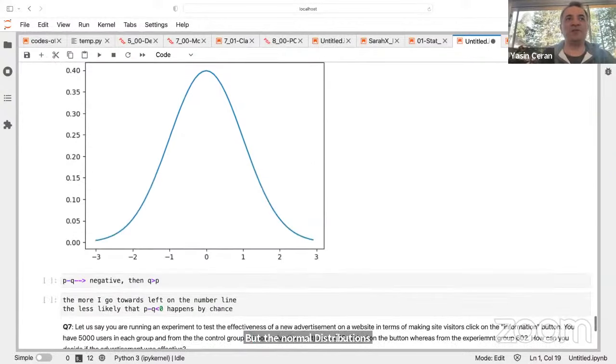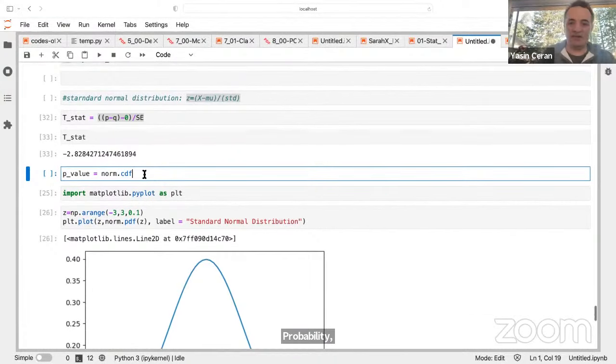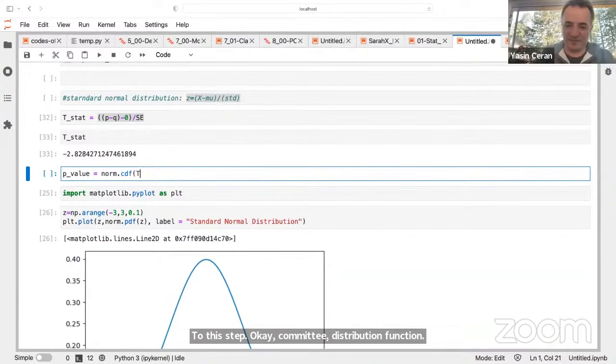I'm adding up all probabilities starting from negative infinity up to T-stat. Basically, we are just taking the integral of the probability distribution function from -3 to T-stat. Okay, cumulative distribution function. And this is going to be tested T-stat.